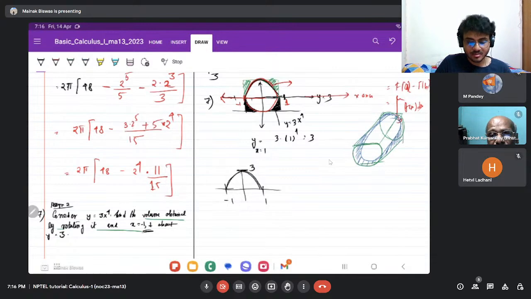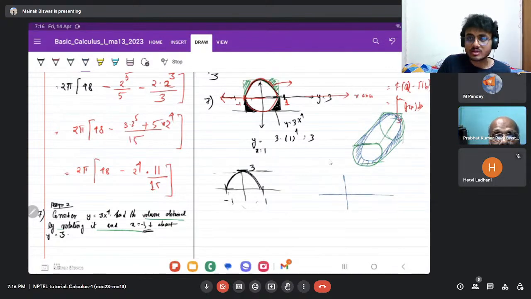Given that this is reflected about y equal to 3 this way, what will it be? This is minus 3. If you center it about 3, this point, this is minus 3. I don't understand what the problem is. See, it is shifting of the axis, right?